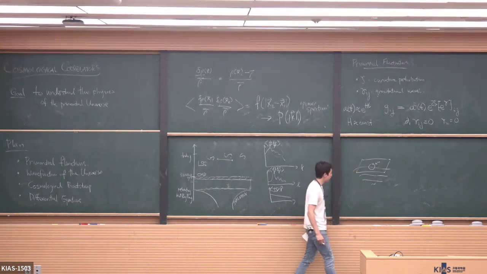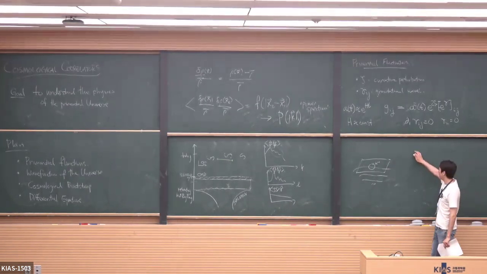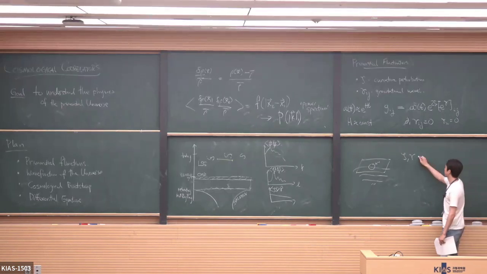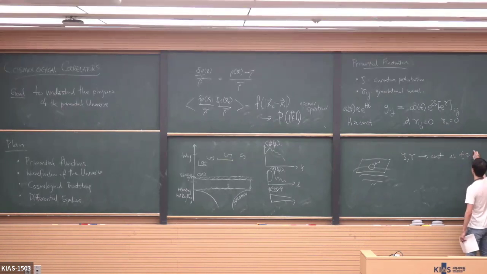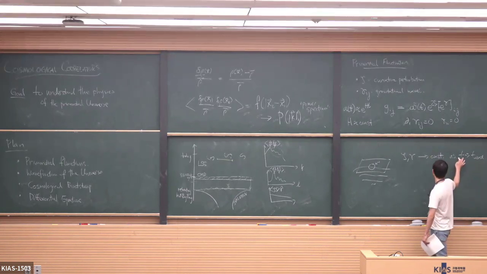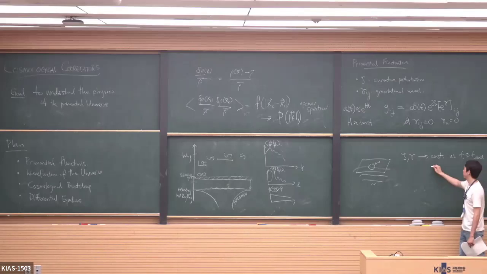So inflation very nicely provides a dynamical mechanism for setting up this initial condition at the reheating surface, starting from tiny quantum fluctuations. The way this works is because of the magical fact that zeta and gamma become constant as time goes towards the end of inflation. So zeta and gamma are spacetime-dependent quantities, but as inflation ends, they become constant, and we say that these variables freeze out.